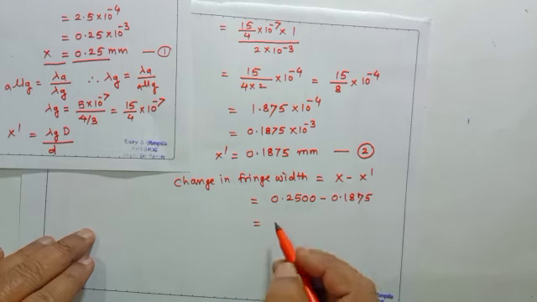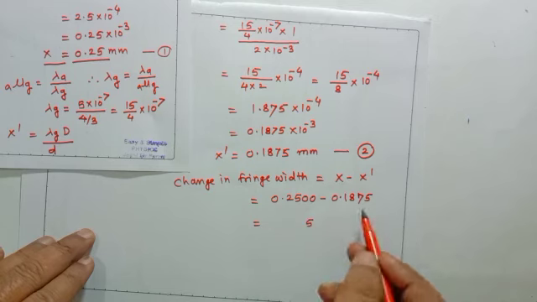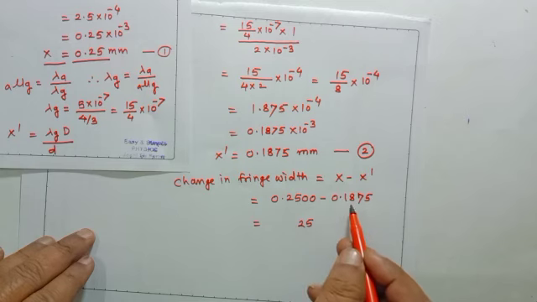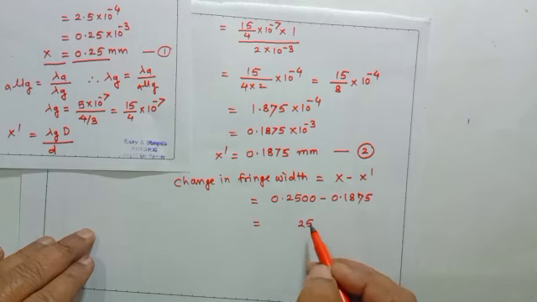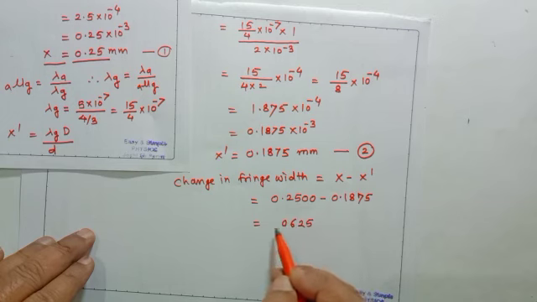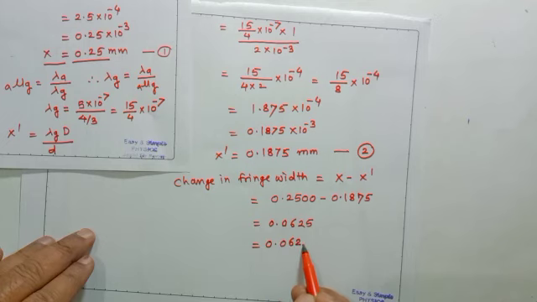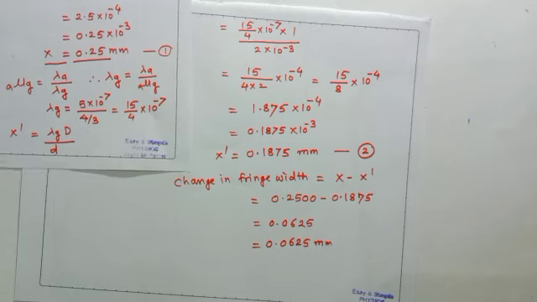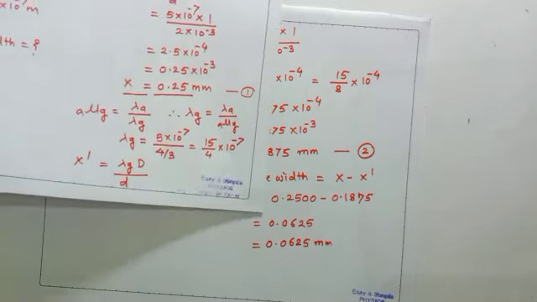Again here 5 will be remaining, 2 is there, again 6 is there and 0. So here it is 0.0625 millimeter. That is the change in fringe width when the entire apparatus is immersed in water.